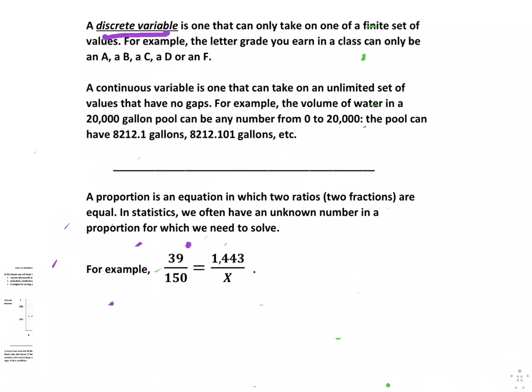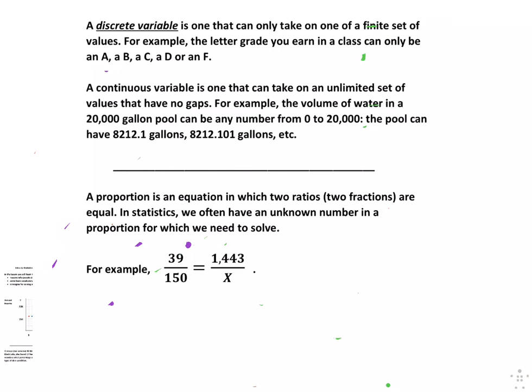So, for example, if the letter grade that I get for a semester in a class can only be an A or a B or a C or a D or an F, if I only have 5 different choices, well, then we call that a selection from a discrete variable.